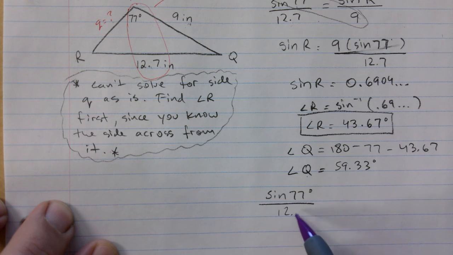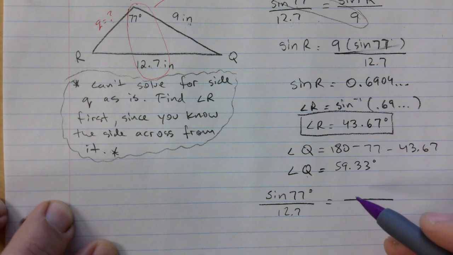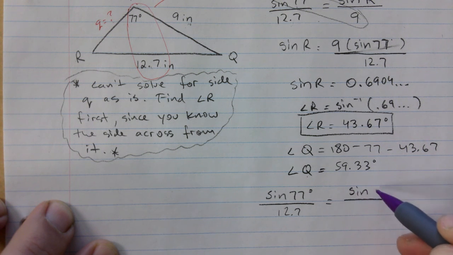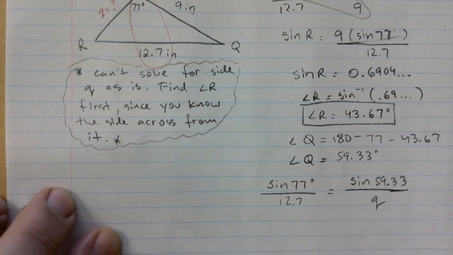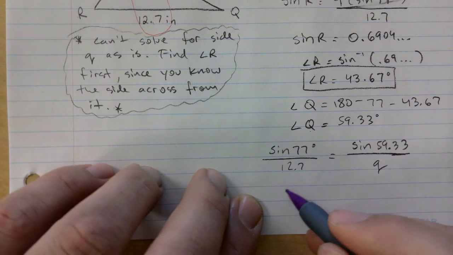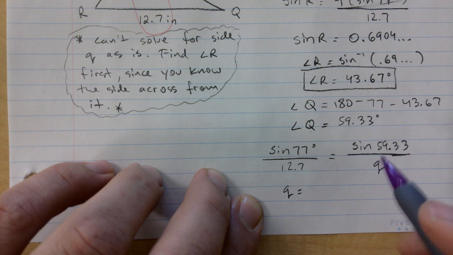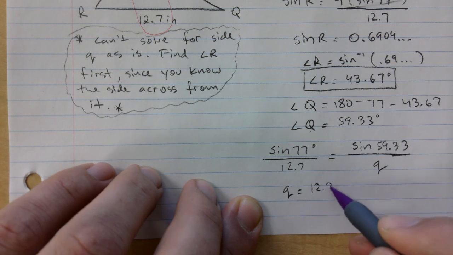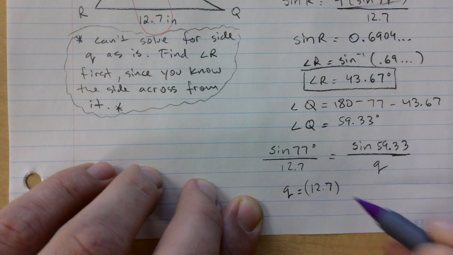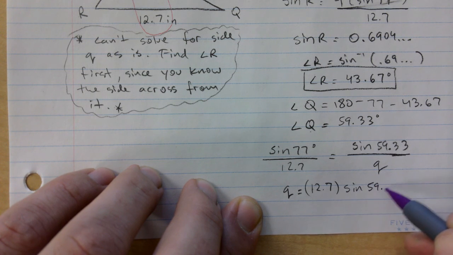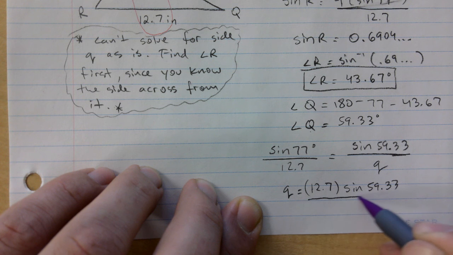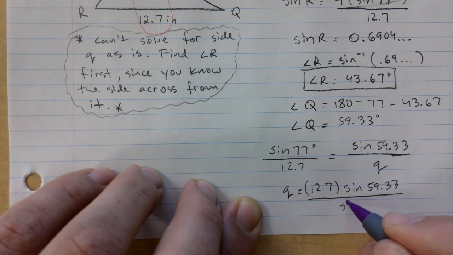So 12.7 is equal to sine of 59.33 over Q. Then we're going to find Q: 12.7 times sine of 59.33 over sine of 77.